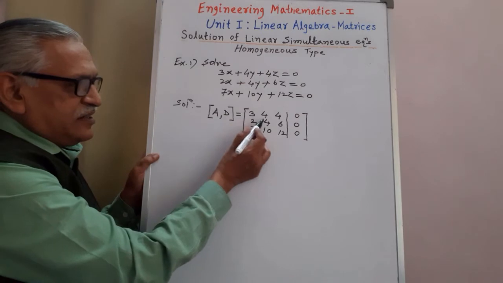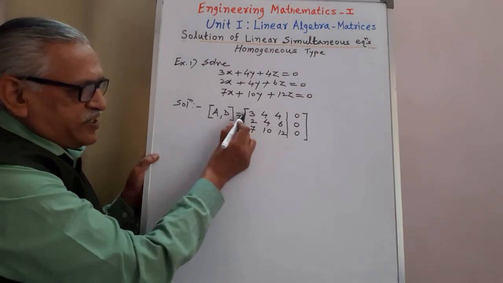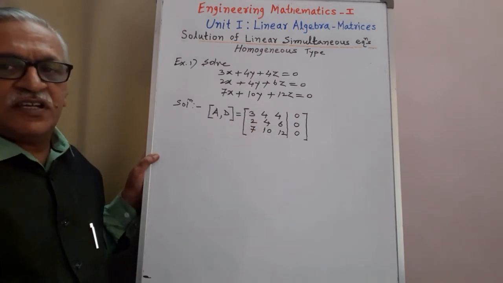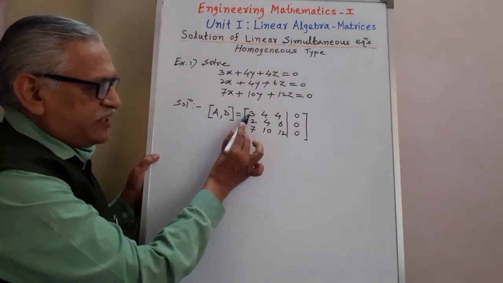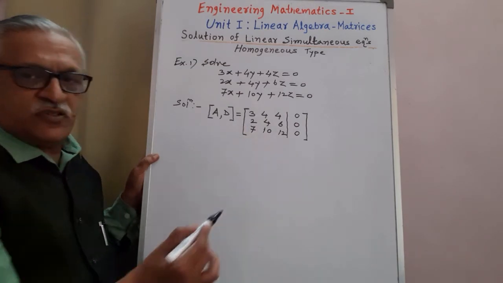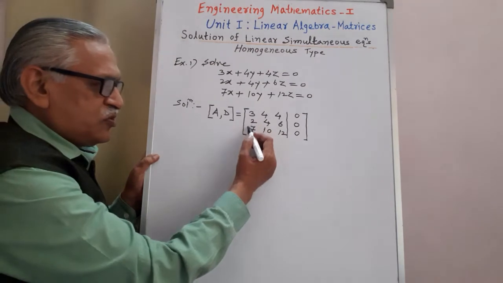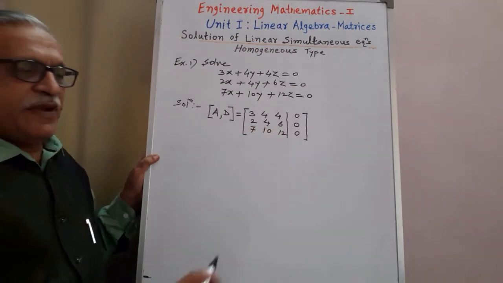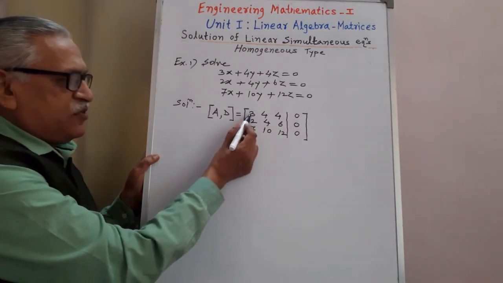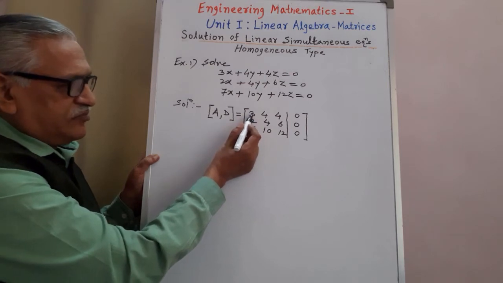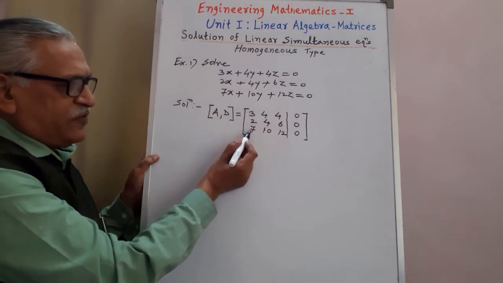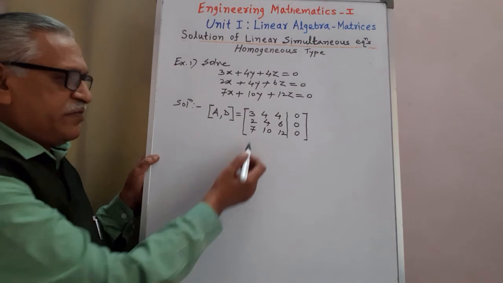After writing that augmented matrix, we try to convert this matrix to its canonical form by converting the principal diagonal elements to non-zero and the lower elements to 0 by applying elementary row transformations. Using 3, it is somewhat difficult to convert those two elements to 0.